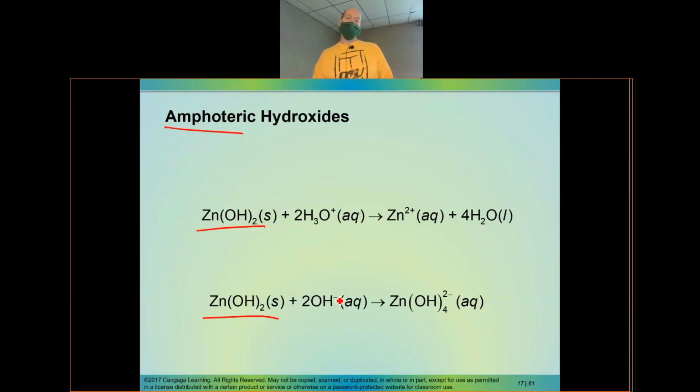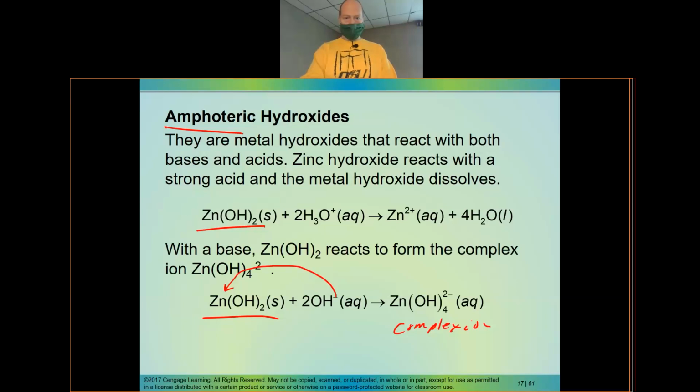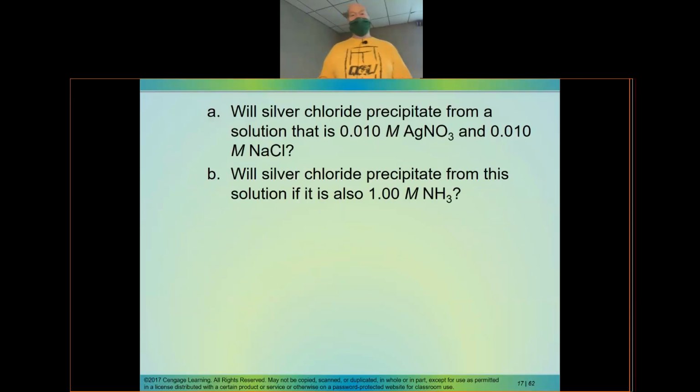The OH minus is just a Lewis base that does a Lewis acid Lewis base reaction, and those OH minuses become ligands. And now we have our complex ion. So this is a very interesting reaction for your zinc hydroxide. It reacts with both acid and base. That is called an amphoteric hydroxide.